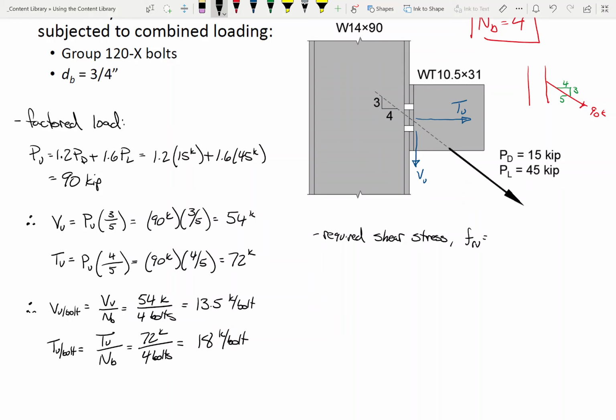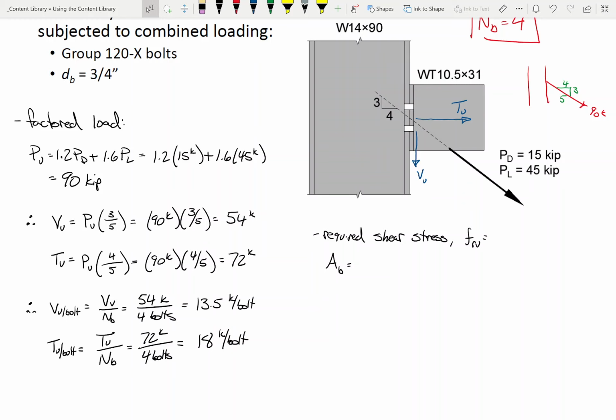And FRV is really just a fancy way of saying what is the shear stress on the bolt group. Now there are two ways to compute it and you will get the same answer. But before we get to that, we need to compute the area of the bolt. Now what is the area of the bolt? How do we compute that?